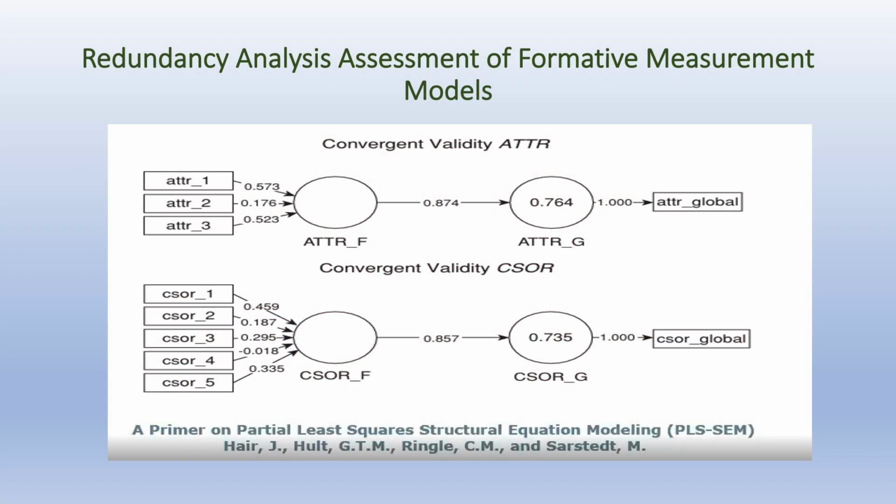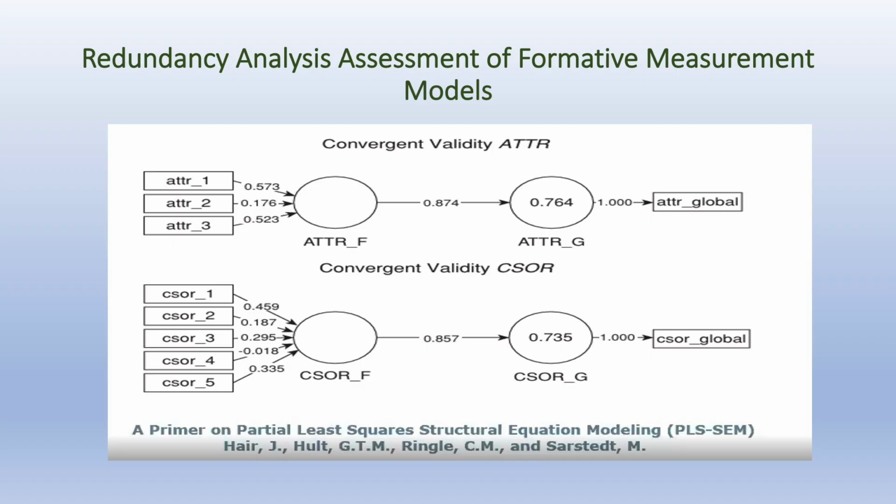When evaluating formative measurement models, we have to test whether the formatively measured construct is highly correlated with a reflective measure of the same construct. This type of analysis is known as redundancy analysis. Redundancy analysis verifies that a formative construct created by multiple indicators correlates strongly with a separate reflective measure of the same construct.